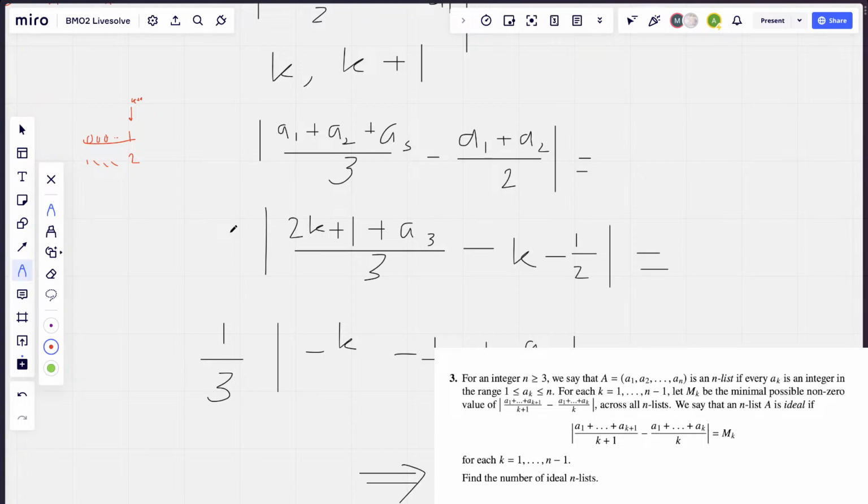I think it's probably going to be K or K plus 1, right? I think. Yeah, I mean, it's just this example, right? It's the same as this example, just add on some multiple.